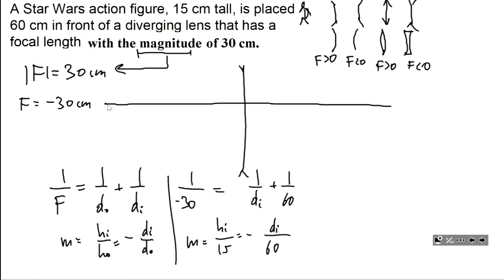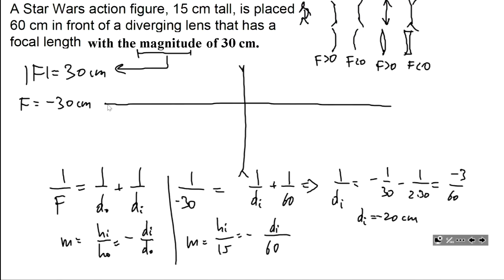So again, we just need to know the difference between the magnitude and actual value. Magnitude is never negative, and actual value, well, depends. All right. Well, we can solve it, right? The image distance has to be negative because for a virtual object it's always negative. Negative 1 over 30 minus 1 over 60, which is 2 times 30. So 60 is a common factor, 2, 3, 60. Now we have to flip it. 60 over 3, 20.